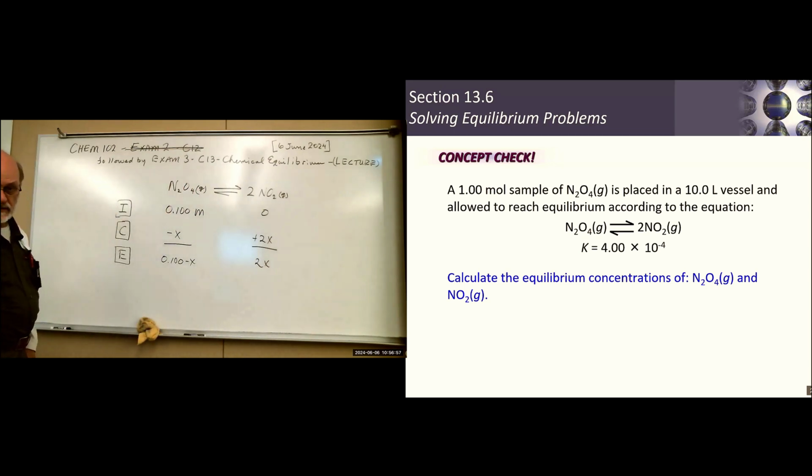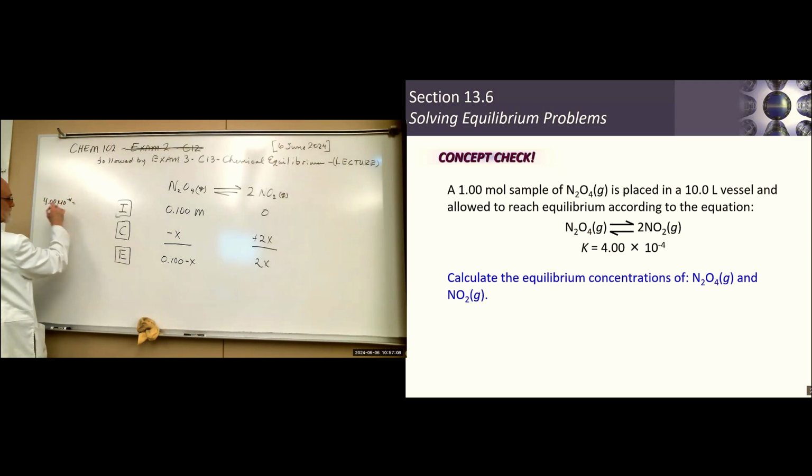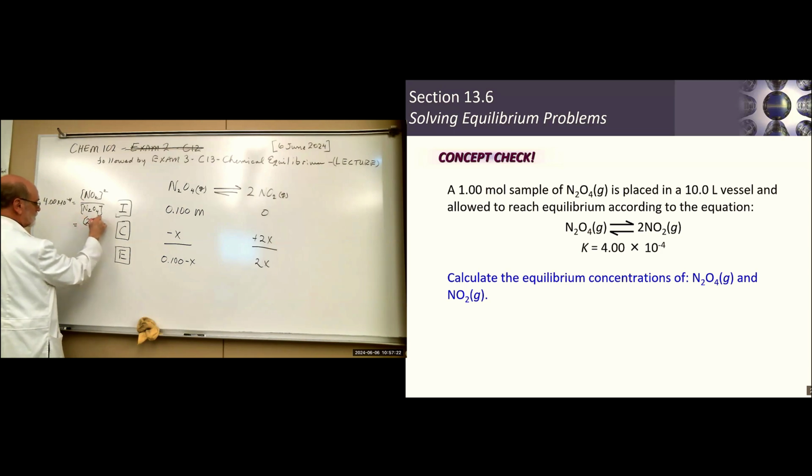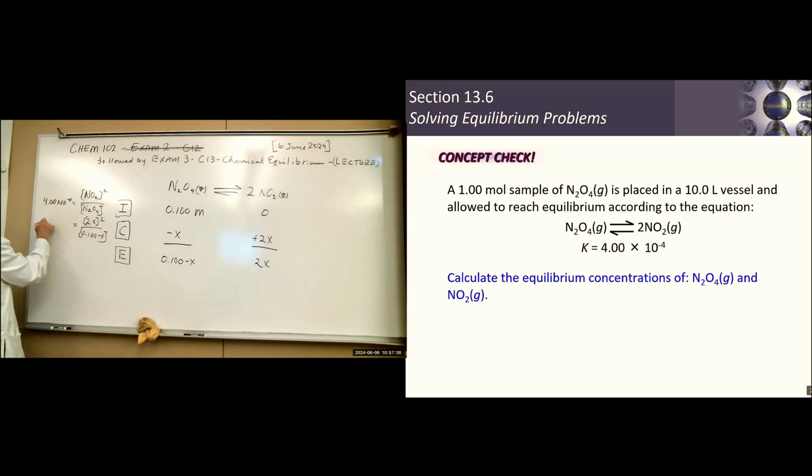Our equilibrium constant is 4 times 10 to the minus 4, equal to NO2 squared over N2O4. So that's 2x squared divided by 0.100 minus x, equal to 4 times 10 to the minus 4. This might work out okay.